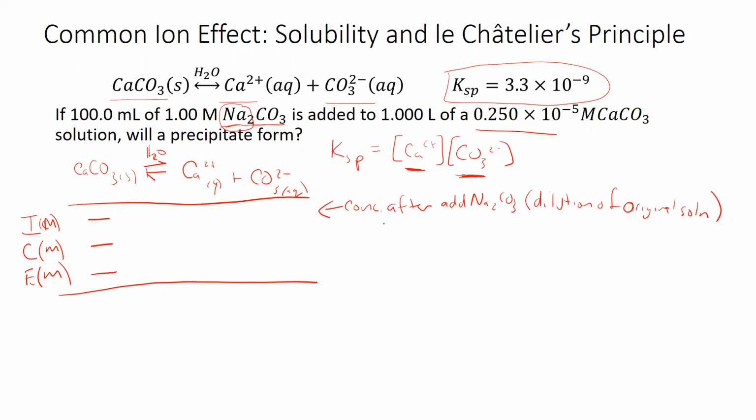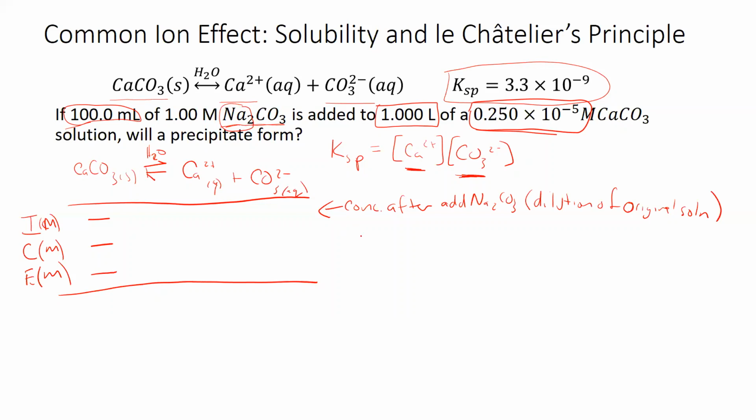And for that, it's actually pretty straightforward. We have an initial volume of the calcium carbonate, an initial concentration for the calcium carbonate, but we also have this added volume over here. We have this 100 milliliters that we're going to add.